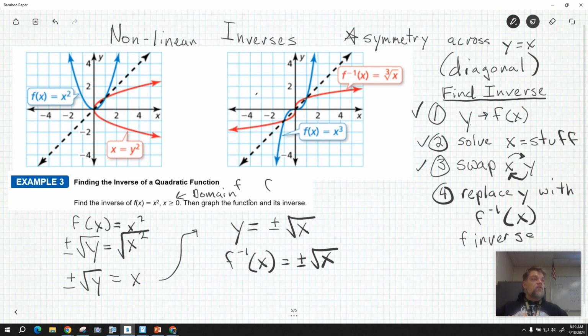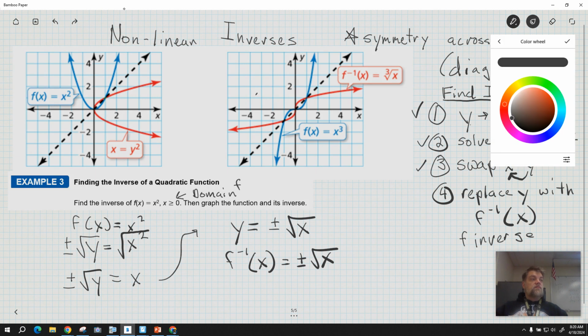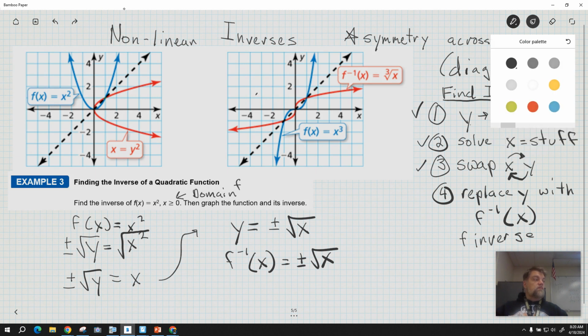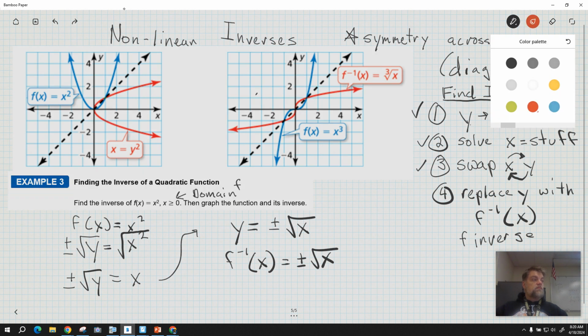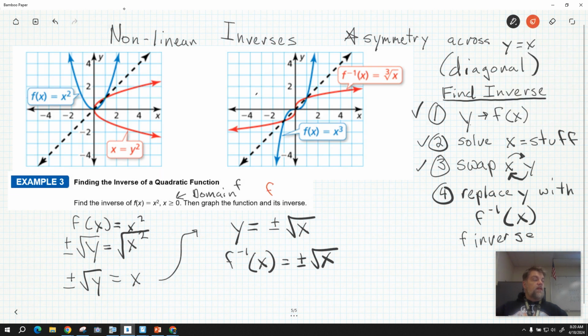Well, f inverse's domain isn't necessarily restricted because x has to be greater than or equal to 0.